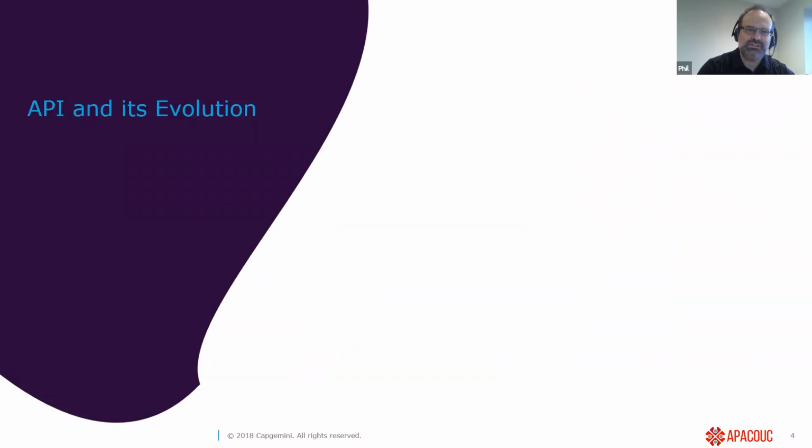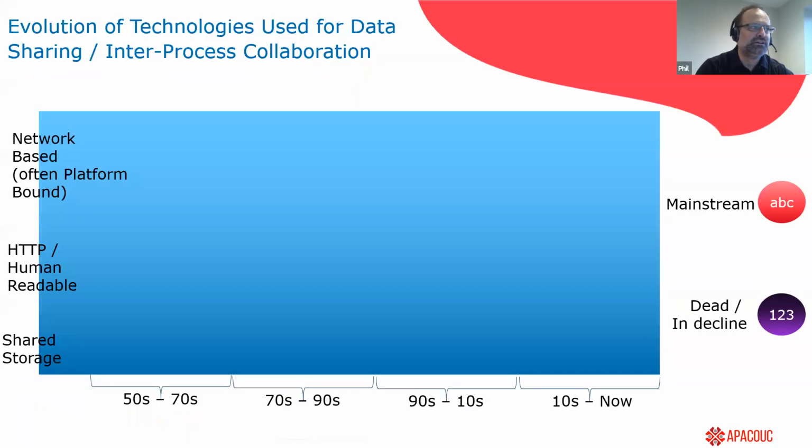Before I talk about the different API technologies, it's worth looking a little at the background and how things have evolved to get to where we are today, because there are some interesting themes that have a background influence on the guidance that we ultimately conclude with.